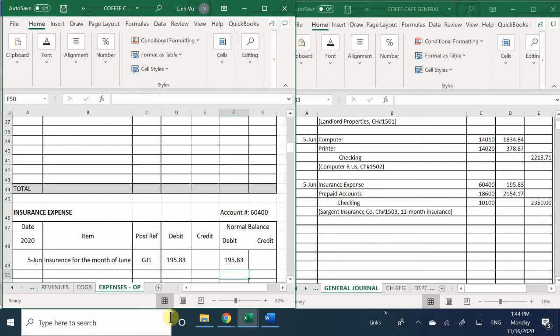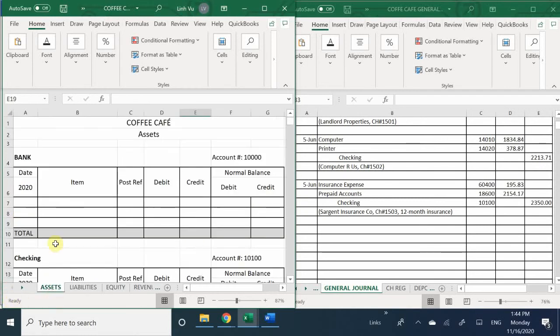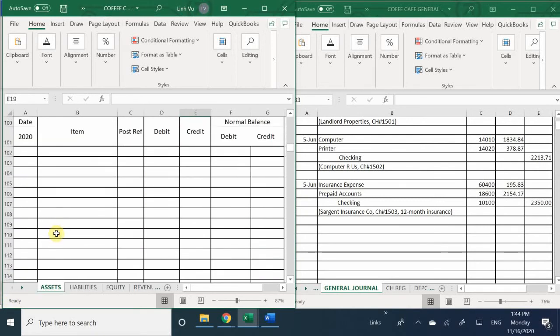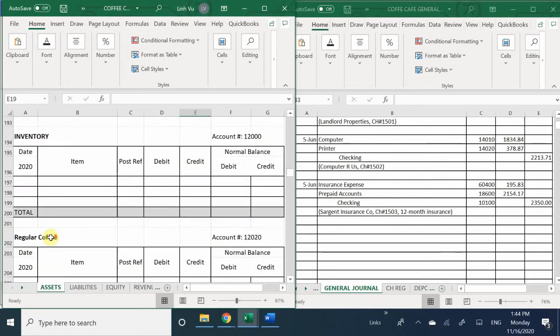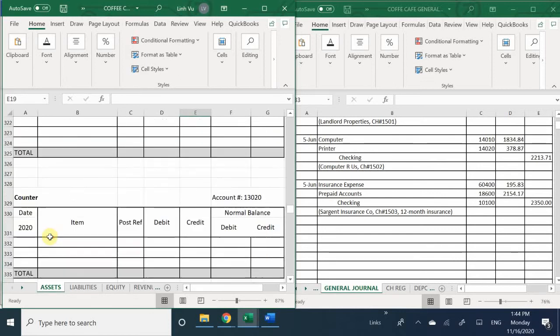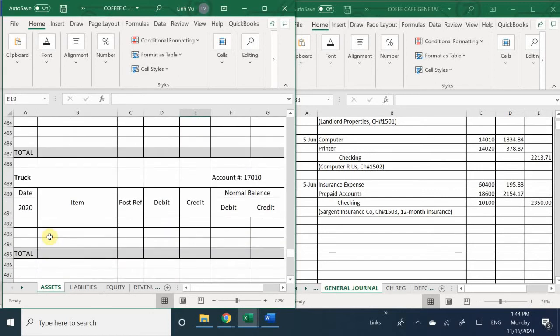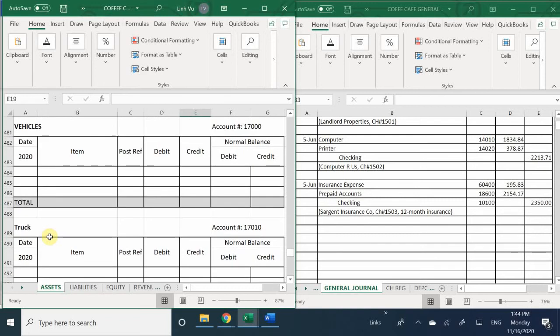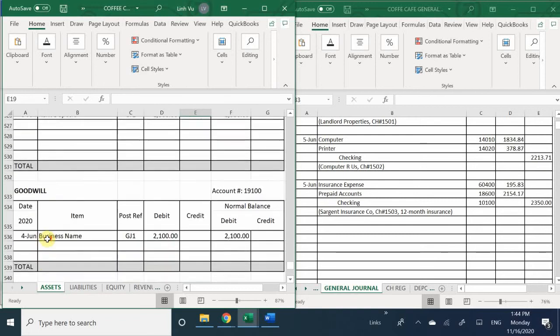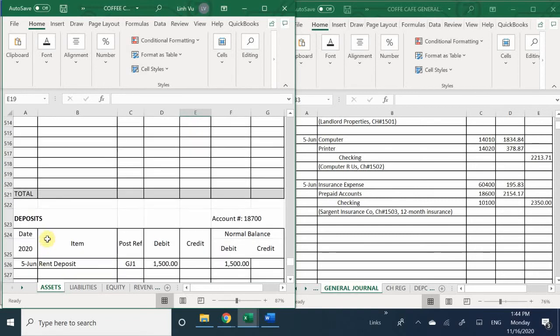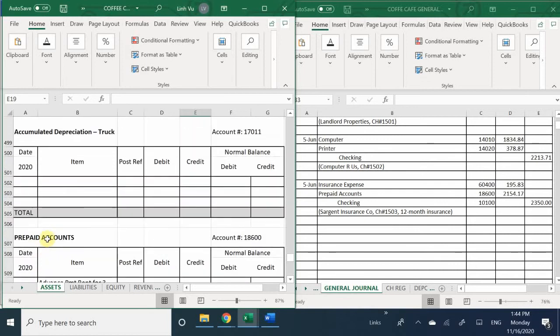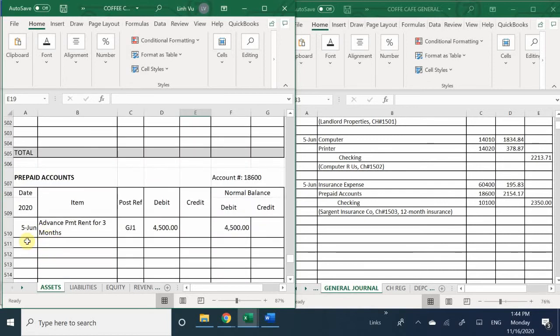Okay. So the next thing I have to do is now I need to go to my prepaid, which is an asset, right? And that should be towards the end of your workbook for prepaid. Here's my deposits, and here is my prepaid accounts.